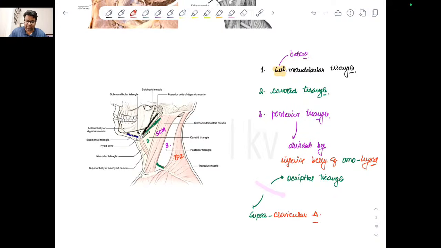So supraclavicular triangle, right? So this is the inferior belly of omohyoid, something like this.